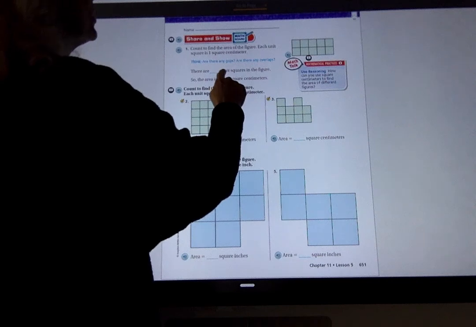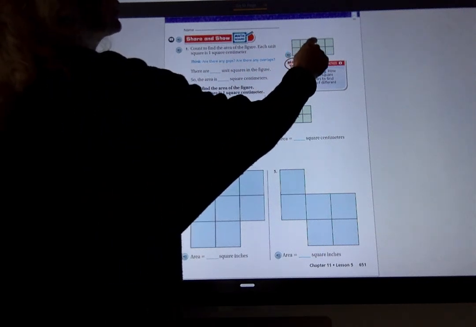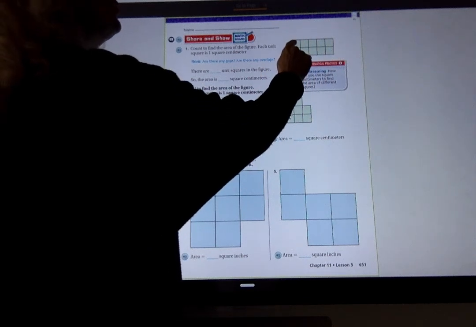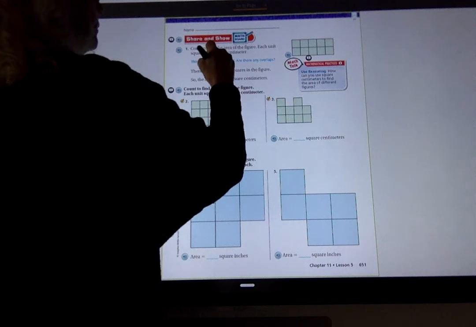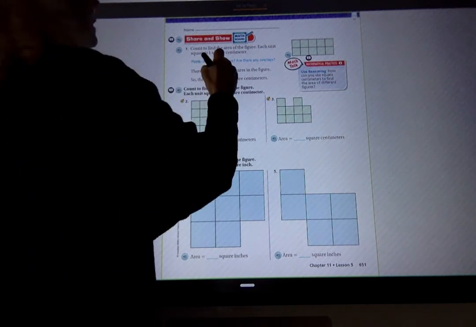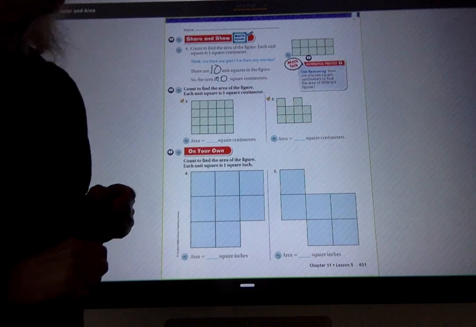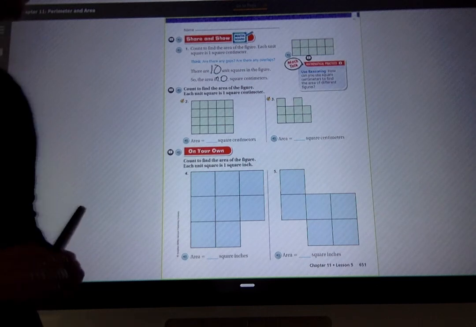There are how many unit squares in this figure? Well, we can count 1, 2, 3, 4, 5, or we can do 5 times 2 is 10. So the area is 10 square centimeters because from here to here is a centimeter.